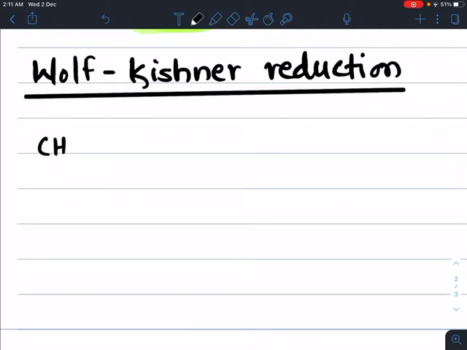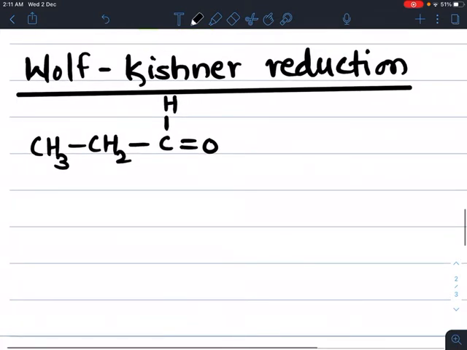So 3 carbon containing aldehyde, CH3, CH2, CHO. So I can write this CHO in its structural form. So when this aldehyde is in the first step undergo Wolff-Kishner reduction, in the first step reaction takes place with hydrazine.